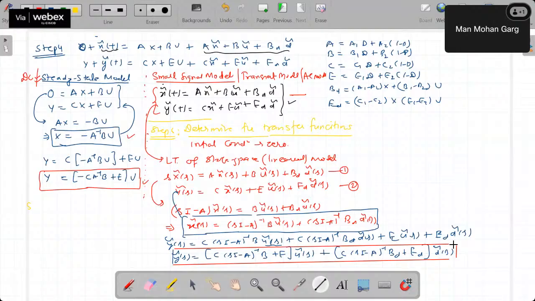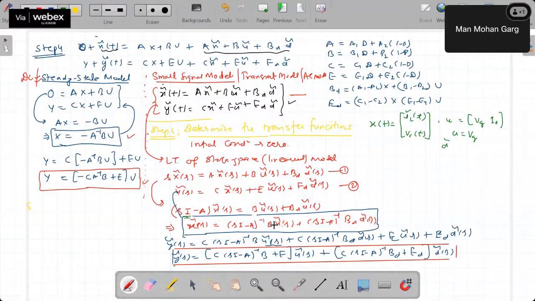One is the input voltage. Sometimes you may take this out and also the variation. So from here, U is your VG and D is there, and X is representing IL and VC, right?